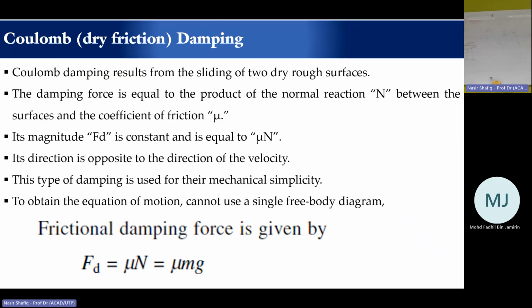So Coulomb damping results from sliding of two dry rough surfaces, like two molecules or particles. The damping force is equal to the product of the normal reaction between the surfaces and the coefficient of friction. Same thing as physics: you have two bodies, you apply a vertical force, and the coefficient of friction is mu.